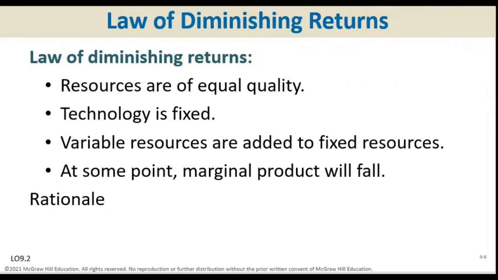So that's where you will see diminishing marginal returns, where the total product is still increasing when you add more, but it increases not as much as the previous increases. It will increase at a diminishing rate.